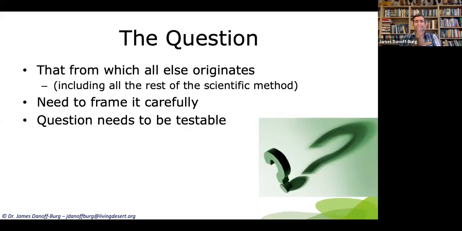Okay, so back to our question, because that's the beginning from where everything else originates, right? You've probably heard in other classes, and we talked a little bit about it in our first session, about the scientific method. There is no one scientific method. There are many scientific methods.